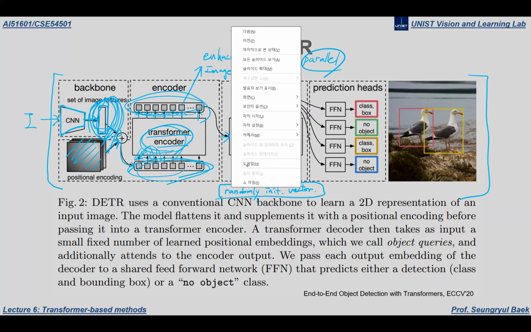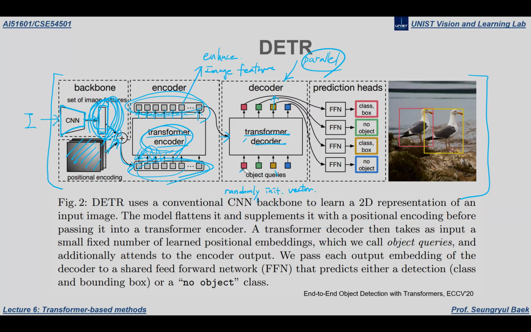Anyways, in the initial DETR, these object queries don't have any meaning. In the NLP domain, this was somehow the autoregressive output, but in the vision domain, it is simply a randomly initialized vector, and we train this random vector during training to minimize the error.